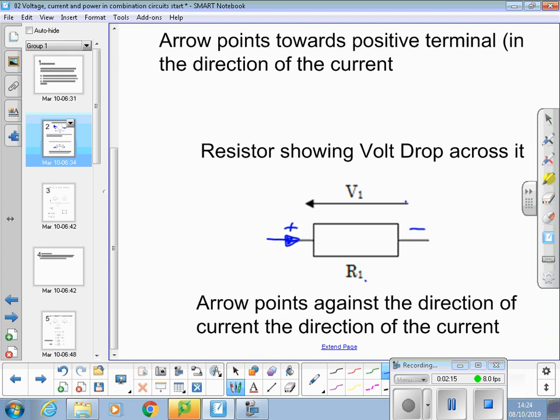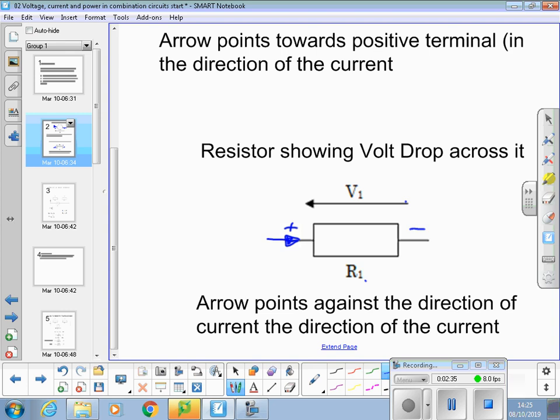As we do these circuit analysis techniques, putting your current arrows and your volt drop arrows on in the right direction is really important for solving the problem correctly. So you need to get that down now.